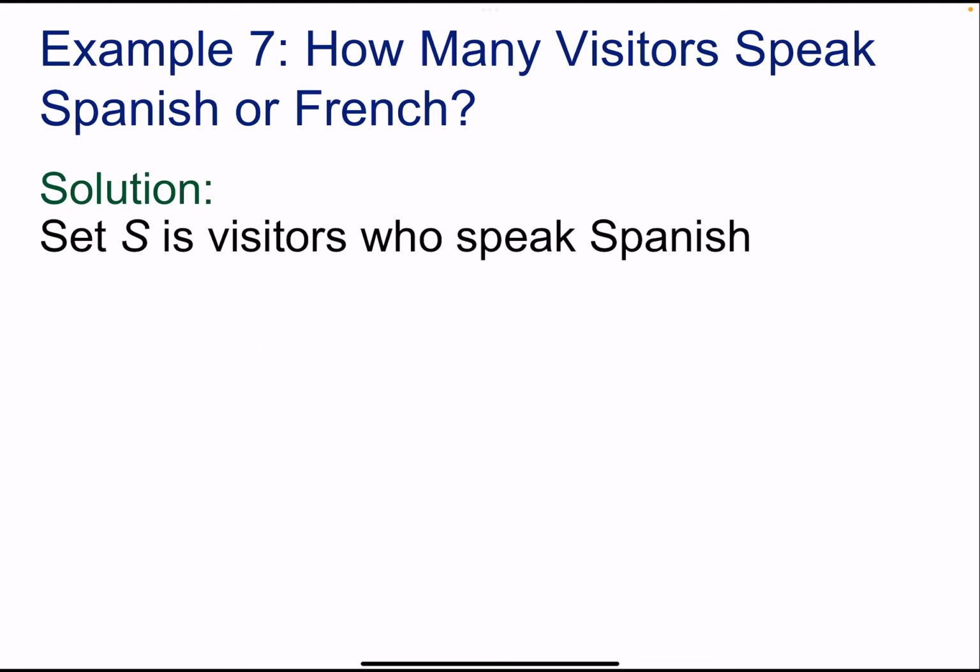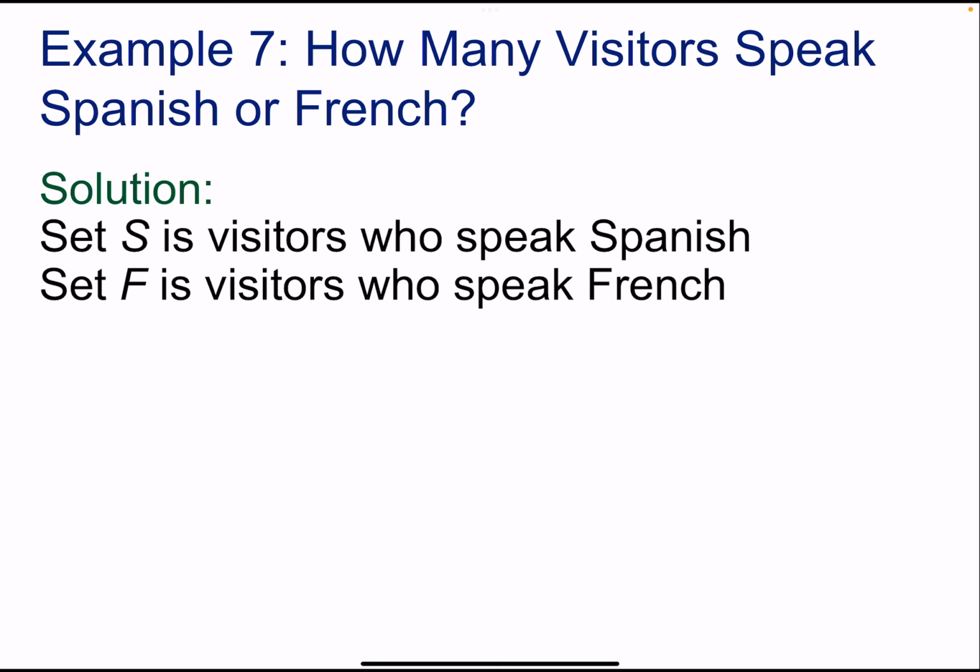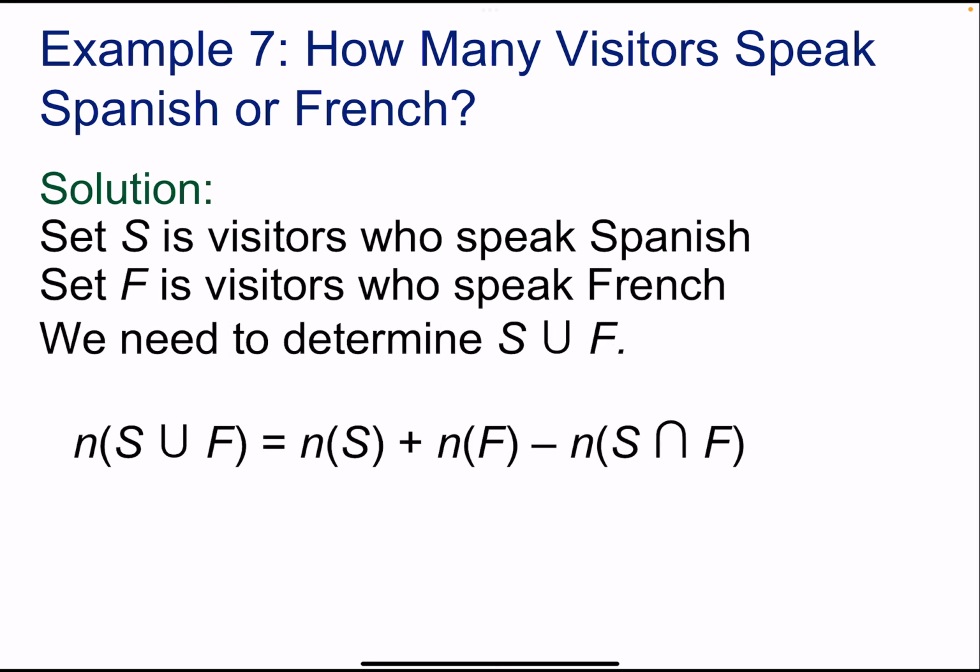It is fairly simple to solve this problem. Suppose set S is the set of visitors who speak Spanish, and F is the set of visitors who speak French. We need to determine the union and the number of people in the union. According to the formula we saw earlier, n of S union F would be n of S plus n of F minus n of S intersect F, right?